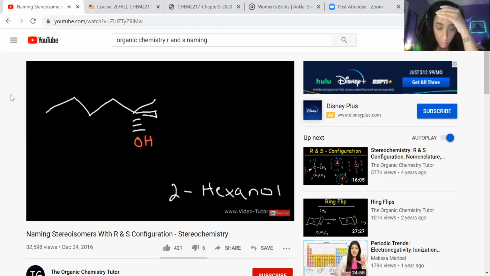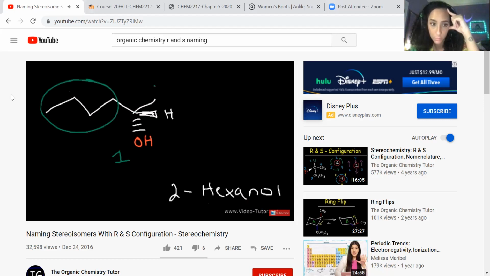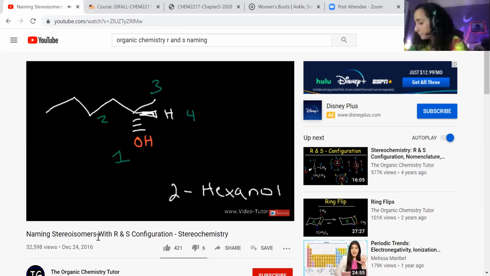I don't get it. So the oxygen has the highest priority since it has the highest atomic number. And the butyl group has more priority than the methyl group. So this is going to be number 2, number 3, and H is going to be number 4. But notice that H is in the front. So you can go ahead and count it now, but you need to reverse it because you want to get the configuration where group number 4 is in the back.